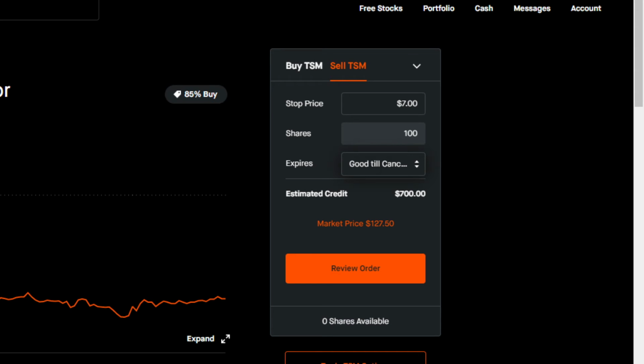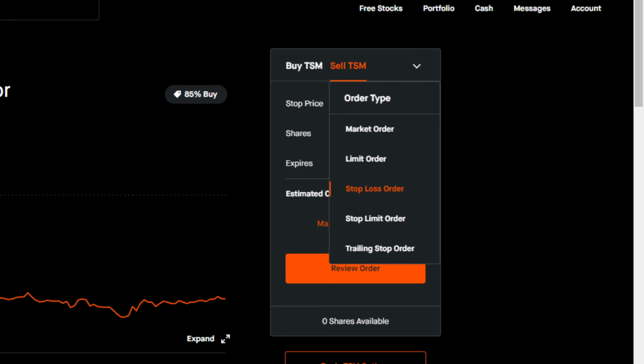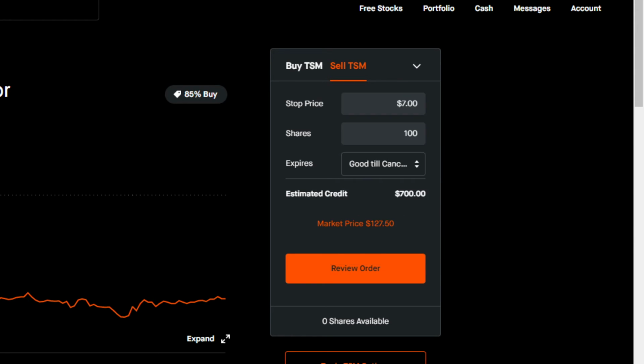Sometimes your order might not fill, so you want to put a stop loss order, okay? So stop loss and not stop limit. You put the stop price, and it's usually going to sell your position when it hits around that price area. So keep that in mind, right?